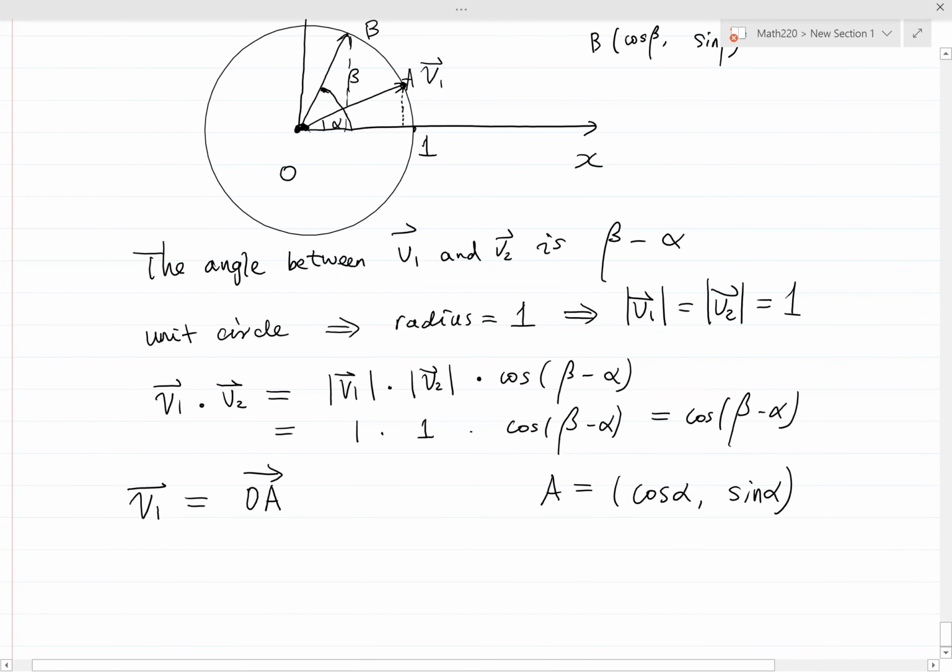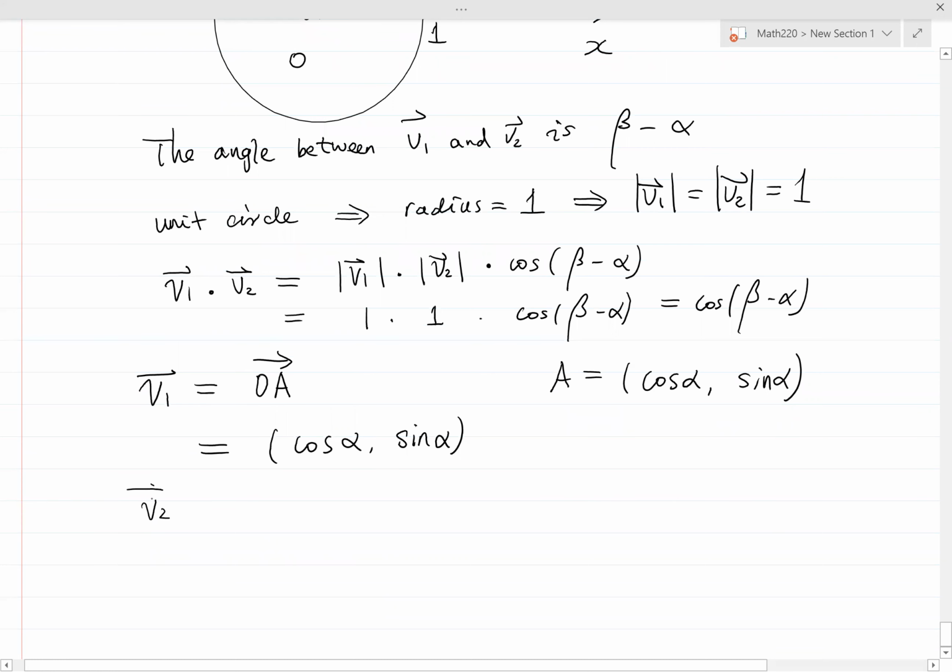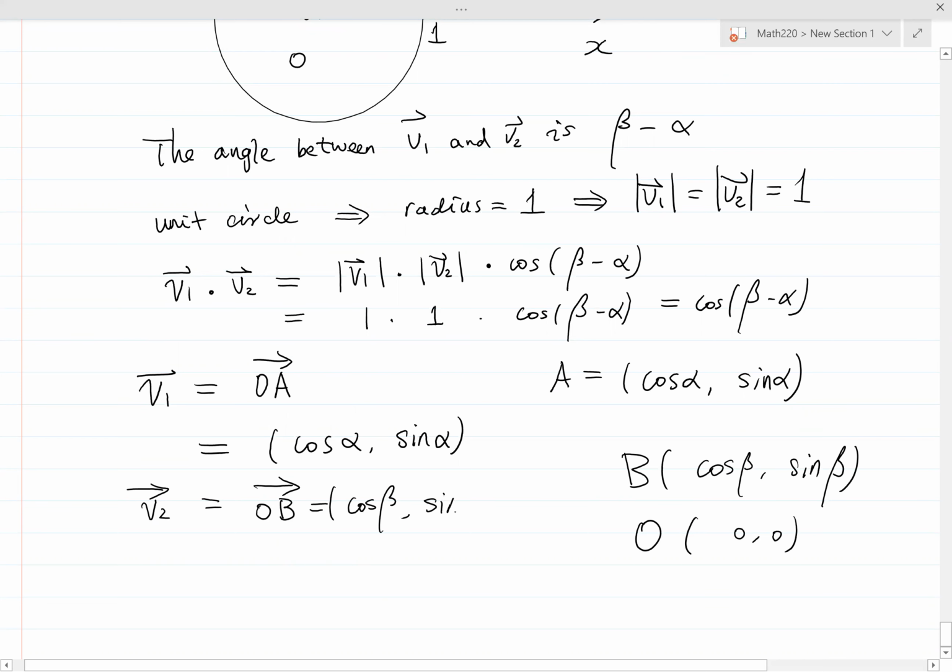V1 is cosine alpha, sine alpha. Similarly, V2 is OB, and B is cosine beta, sine beta, so head minus tail gives cosine beta, sine beta.